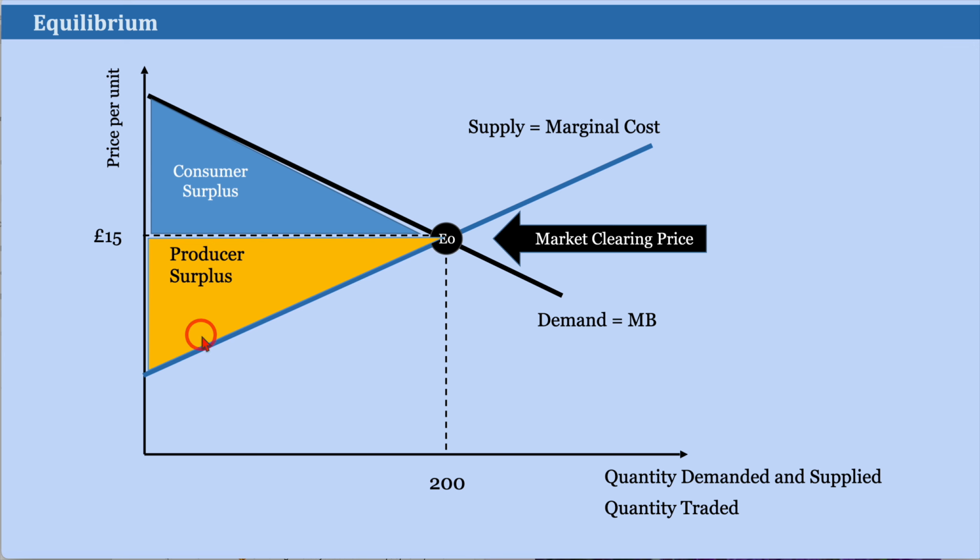Now, together as areas, these are really important because hopefully what you can see is that when we've reached equilibrium, when we've got to 200, by charging a price of 15, we've really got the most surplus that we can actually get, the most surplus of producer and consumer in this marketplace.